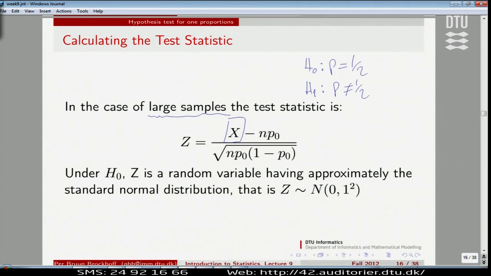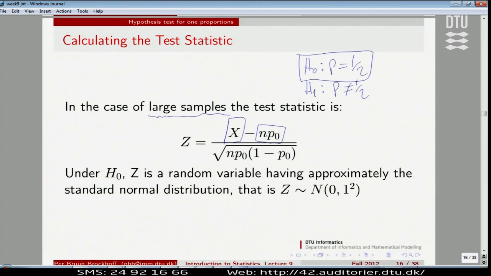What you want to do is take the number of people claiming that they're going to vote for Obama. I'm going to compare them with what we're going to call later the expected value. If I ask 1,000 people who they are going to vote for, and I hypothesize, which is what I'm going to check now, that it's a 50-50 thing, I will expect n times 0.5, that is 500 out of the 1,000, to say that they vote for Obama.